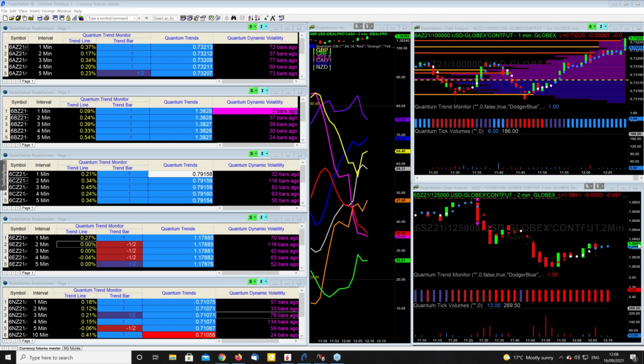Hi everybody, welcome back. And I've changed platforms again. I'm actually on Tradestation now, and the reason I'm on Tradestation is really just to show you, this is Tradestation 9.5. There are two versions we do of Tradestation. One of them is this version, which is basically driven by an Interactive Brokers account.